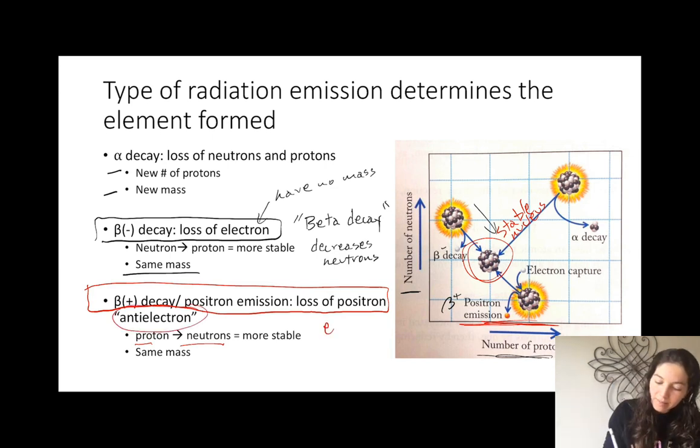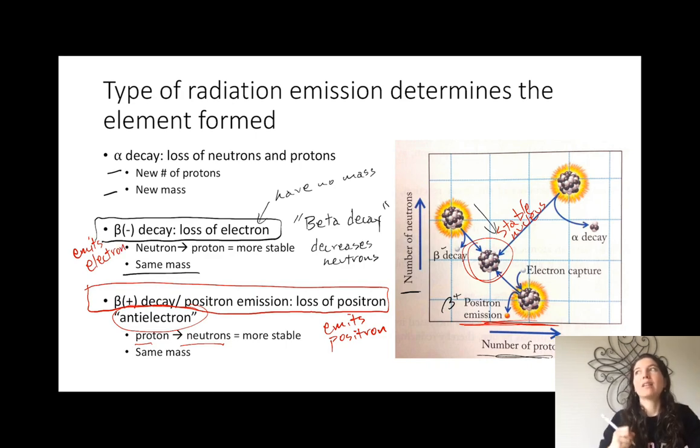So it emits a positron. This one here emits an electron. A positron is kind of like the opposite of an electron. It's called an anti-electron because it's kind of like an electron with a positive charge. So don't wrinkle your brain too much about that. I'm going to show you how we represent that as well.